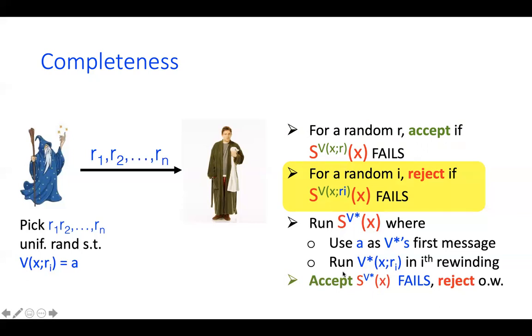Because only then will I accept. But this is exactly case 2 from the previous slide. We know that for this malicious verifier that uses a fresh random tape on a no instance of the language, the simulator will not output an accepting transcript. So this cannot happen. So this is completeness.